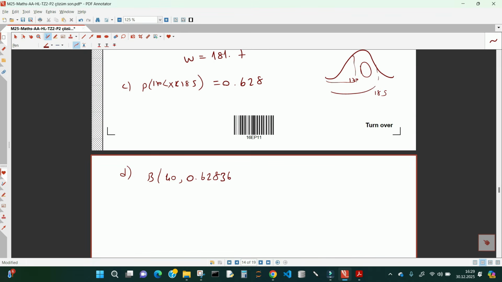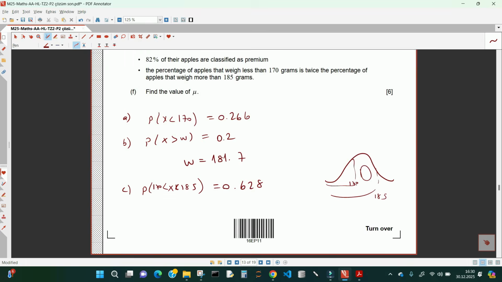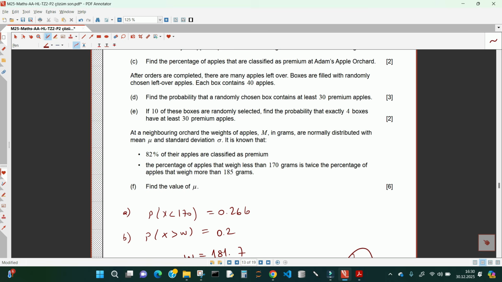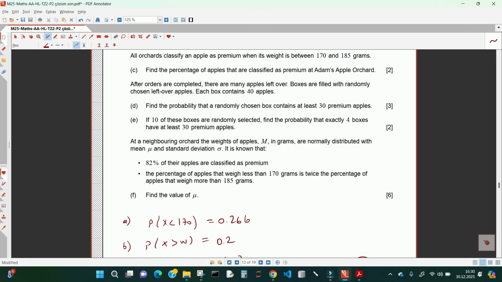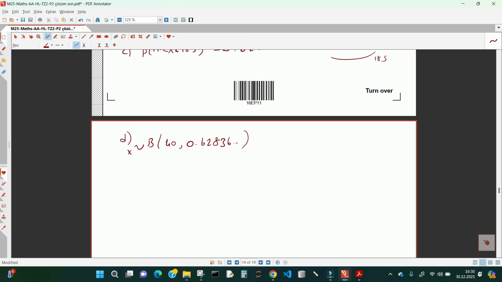It's better to write the exact number to not make a mistake. And then, yeah, X is related with this binomial distribution probability. So we are looking for the X's, which is, let's say, at least 30 premium apples, right? X is greater than or equal to 30 premium apples.